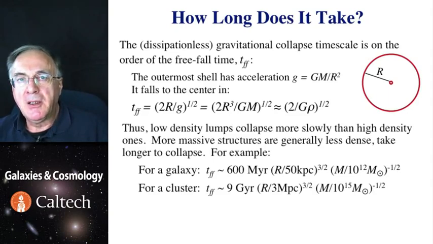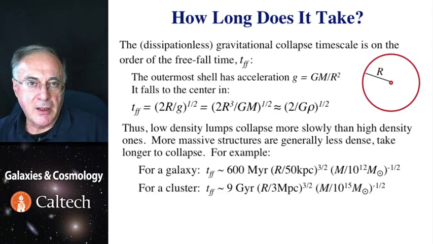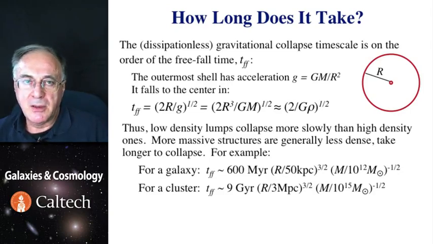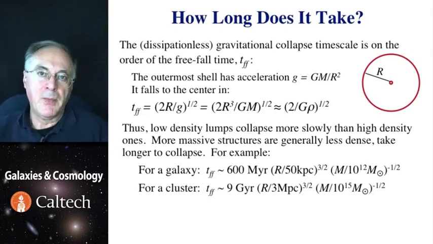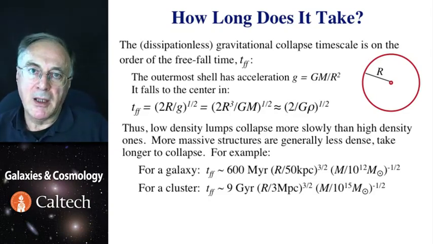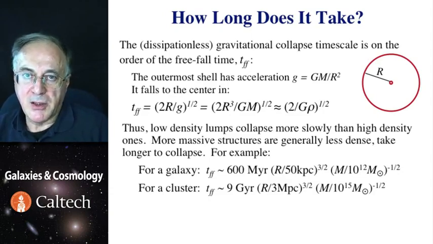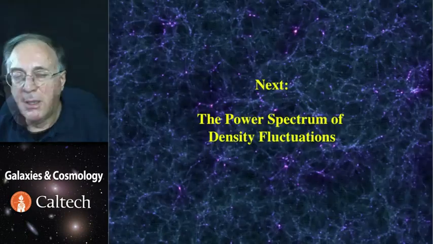Now, if we plug in typical numbers, say for the extent of dark halos of galaxies and sizes of clusters of galaxies, we find out that the relative collapse times are a few 100 million years for galaxies and a few billion years for clusters, which means that galaxies will collapse first in the early universe, and large-scale structures will be collapsing even today, and that's exactly what's observed.